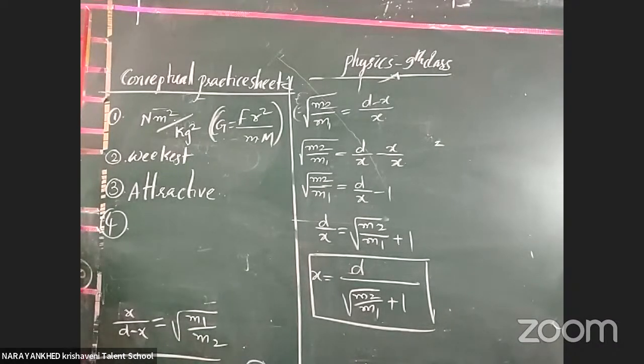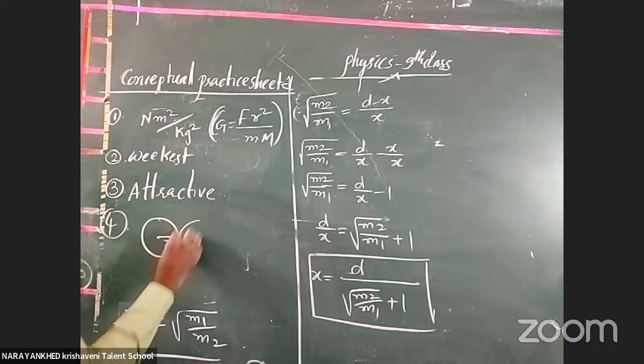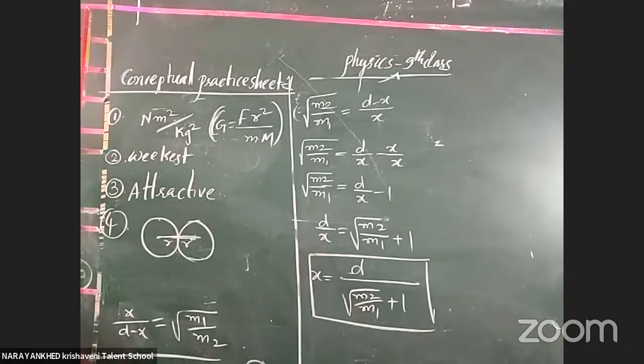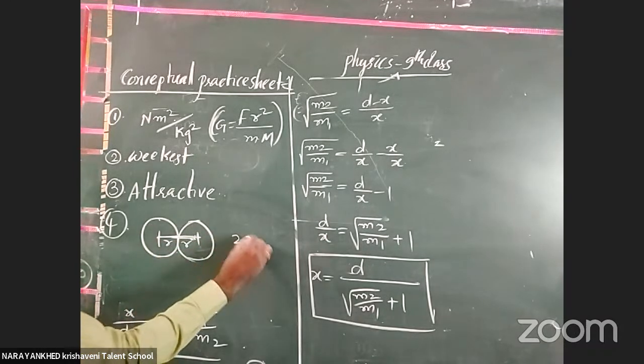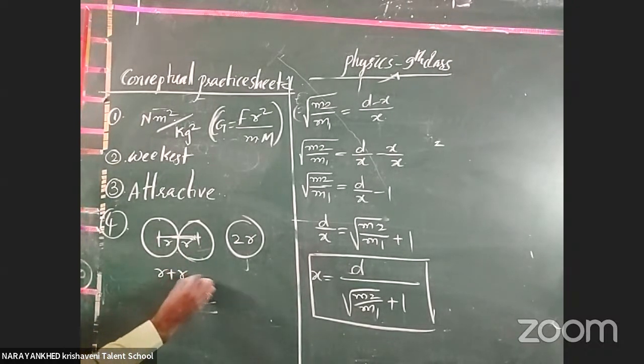It is inversely proportional to the distance between them, that is the distance between centres. The spheres have the same material and the same radius r, and they touch each other, so the distance is r plus r, equal to 2r.